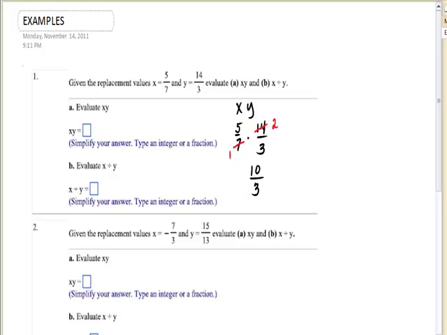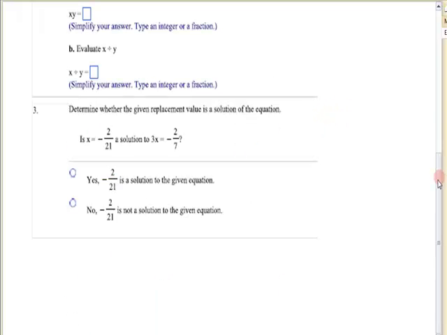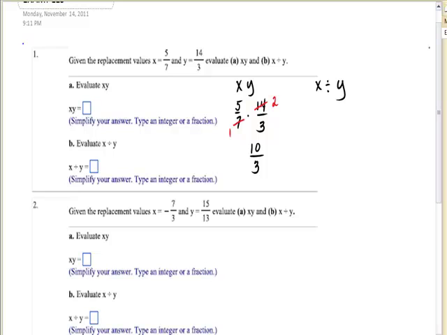Second part of the problem, I have x divided by y. I'm just evaluating these expressions. So I have 5/7 divided by 14/3. Keep, change, flip. 5/7 times 3/14. But this time, now that it's multiplication, I don't believe there's anything I can bow tie.